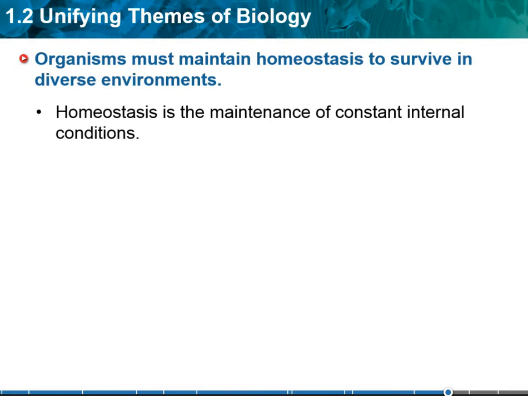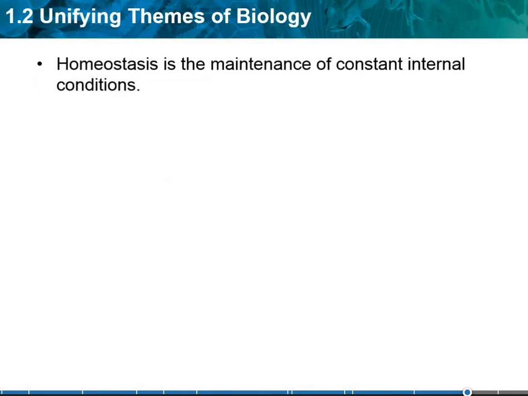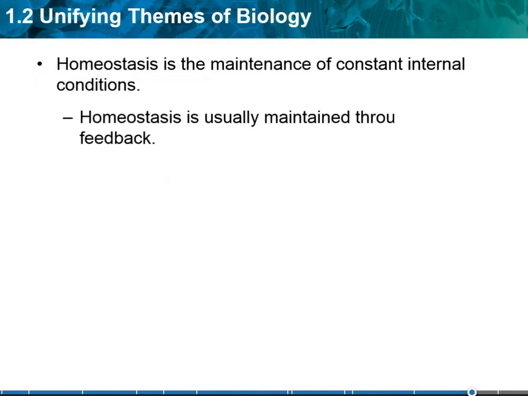It would cause you to sweat to keep your body temperature down so your body didn't cook itself, basically. So that is homeostasis, the maintaining of a constant internal condition.